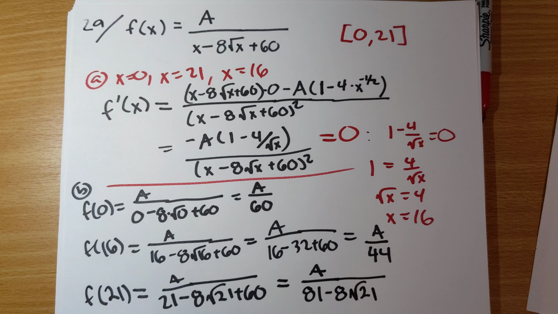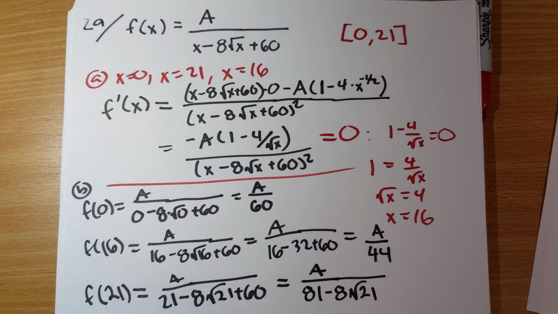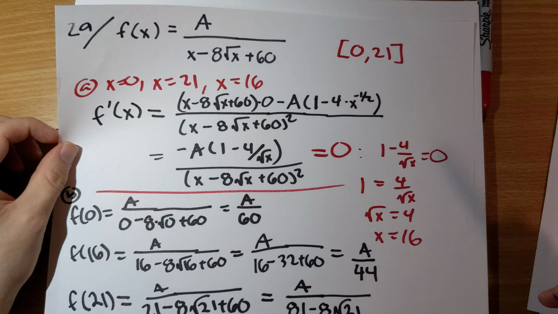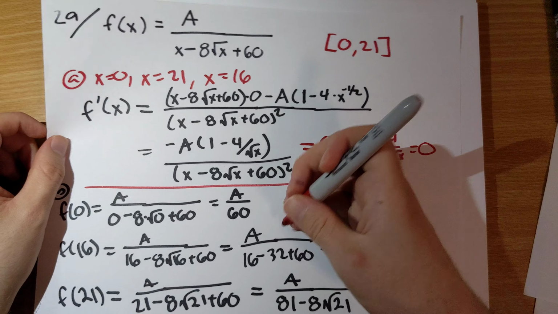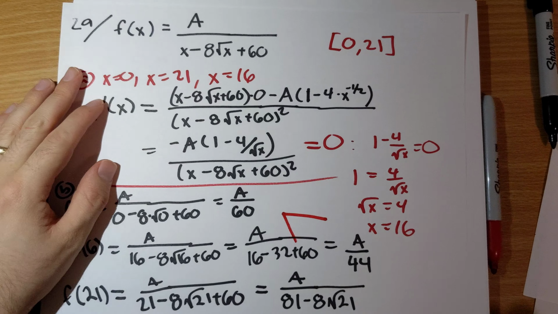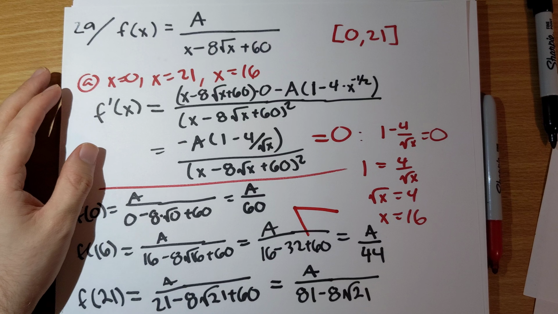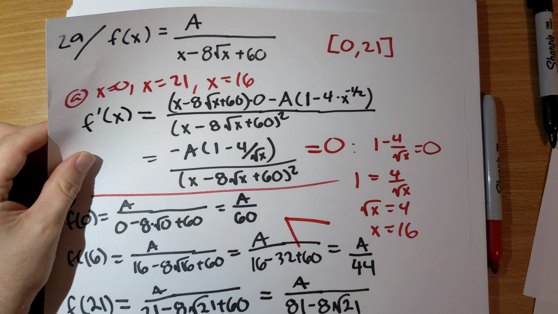The question is which one is the biggest, which one is the smallest. We can see that a over 44 is bigger than a over 60. That is true. Which one's bigger between 60 and 81 minus 8 times the square root of 21?